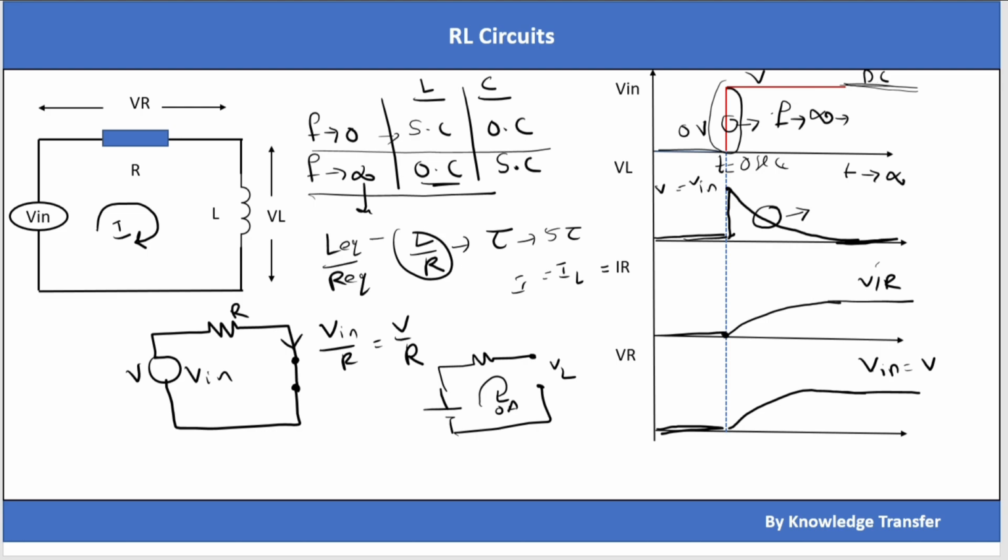L equivalent here is L and R equivalent is R. That's why the time constant tau is equal to L by R. So this voltage VL exponentially decays and reaches 0 volts. We can consider this as 5 tau time. Approximately at 5 tau time, VL reaches 0 volts.